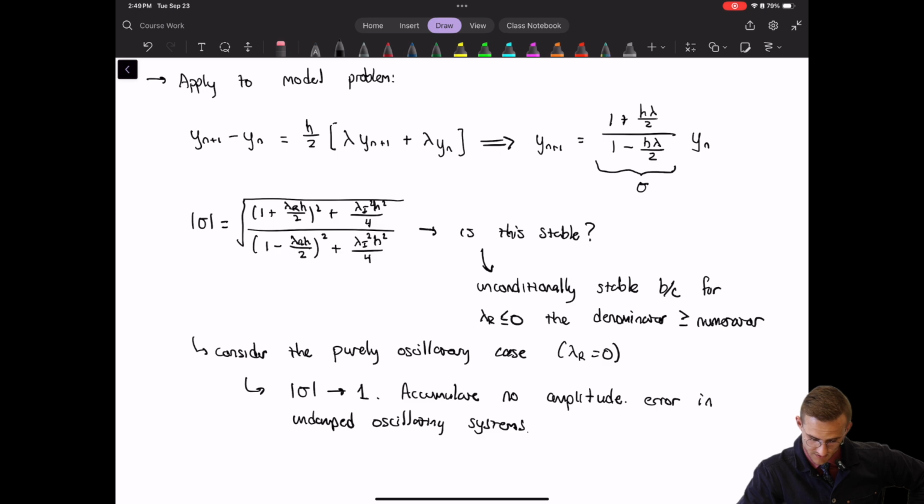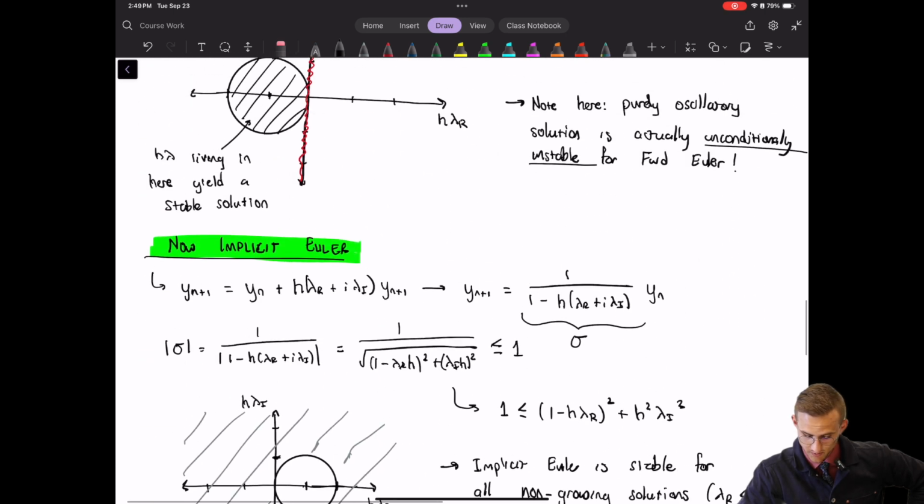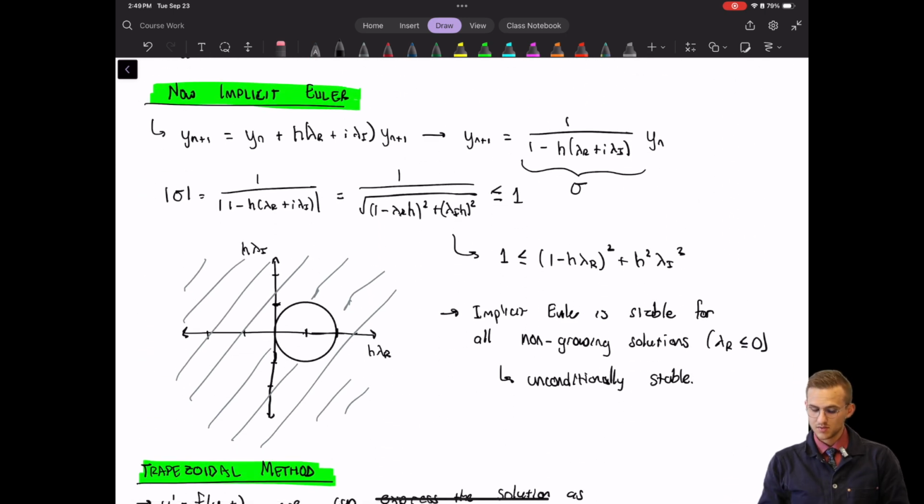So for the implicit Euler, you could have a solution that is purely oscillatory, and looking at what the amplitude of sigma is here for implicit Euler, if your solution is purely oscillatory, that is, it has lambda r equal to 0, or the real part of lambda equal to 0, you're still going to have an amplification factor whose magnitude is less than 1.